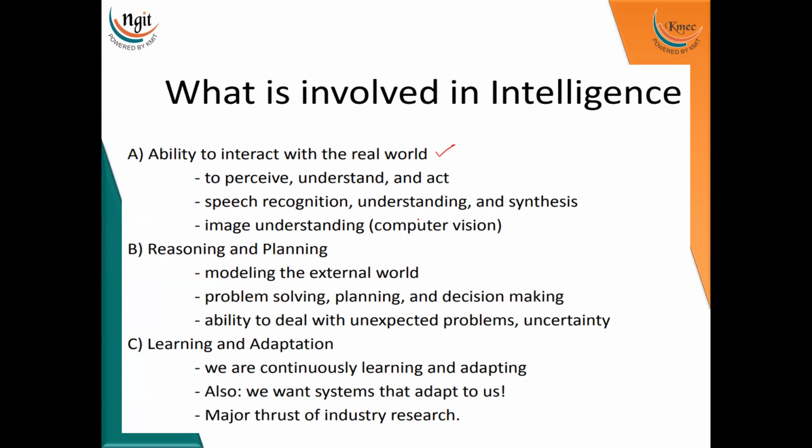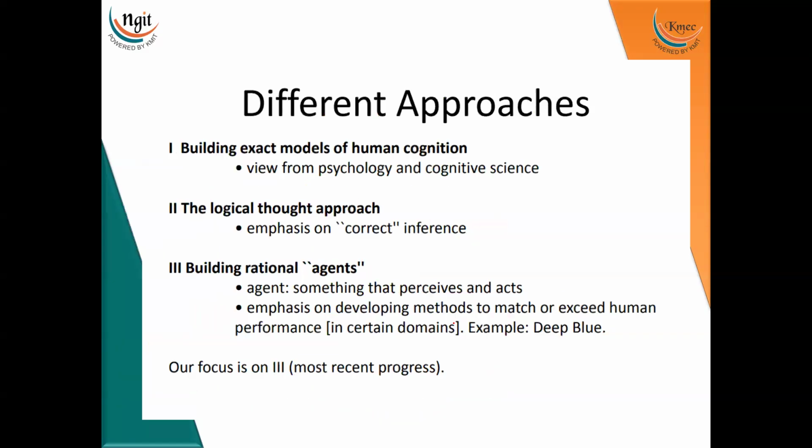The machine should also have the ability to deal with unexpected problems, that is, uncertainty. And then learning and adaptation. We are continuously learning and adapting, and in the same way, we want systems that adapt to us. So these are some of the points regarding what is involved in intelligence.